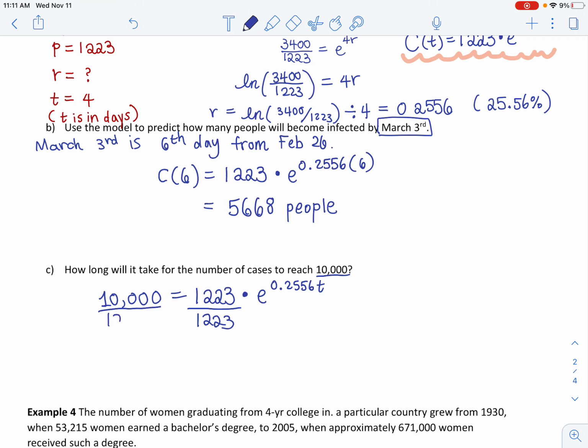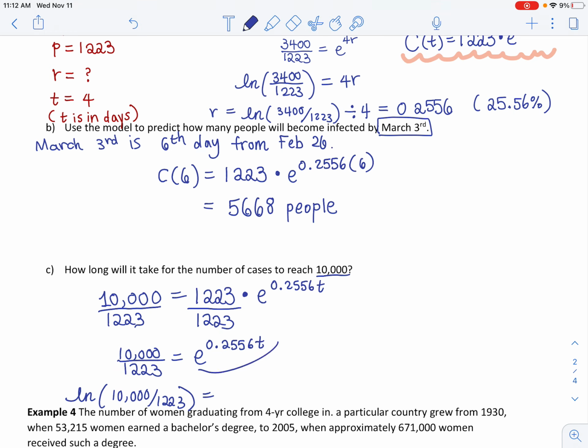Divide by 1223. I just realized this isn't really calculus. This is definitely pre-calculus, but this is fun. All right, so I'm going to have that fraction, 10,000 over 1223 equals e raised to the 0.2556t. Take natural log of both sides. You guys solve this type of equation so many times already with me.